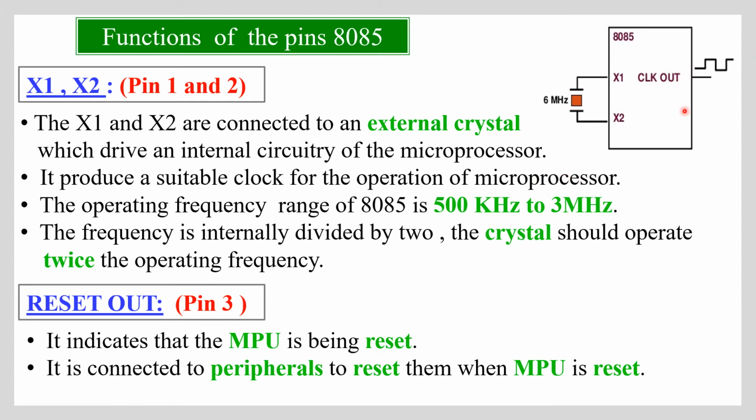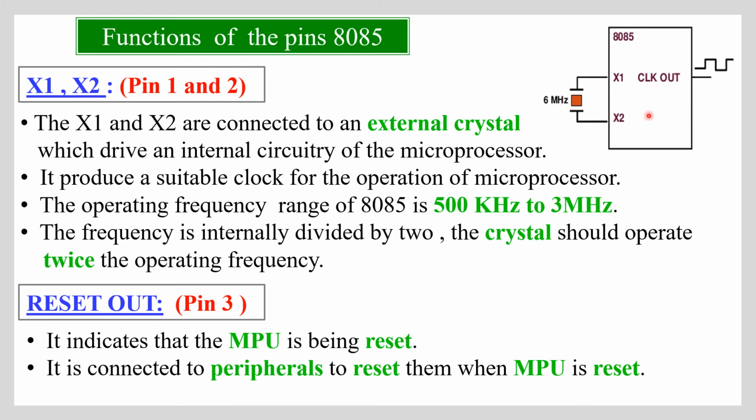It produces a suitable clock for the operation of the microprocessor. The frequency is internally divided by 2. So the crystal frequency should be twice the operating frequency. If the operating frequency of 8085 is 3 megahertz, then the crystal frequency should be 6 megahertz, double.